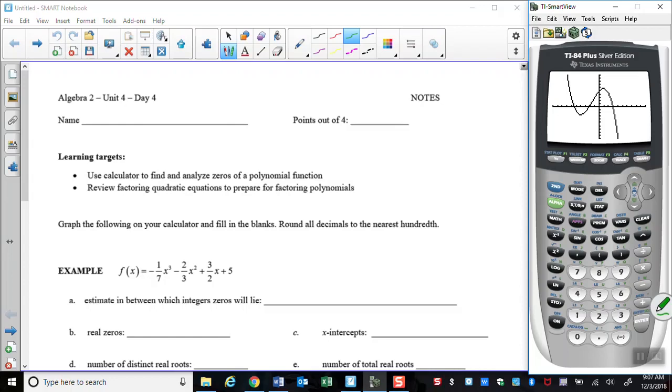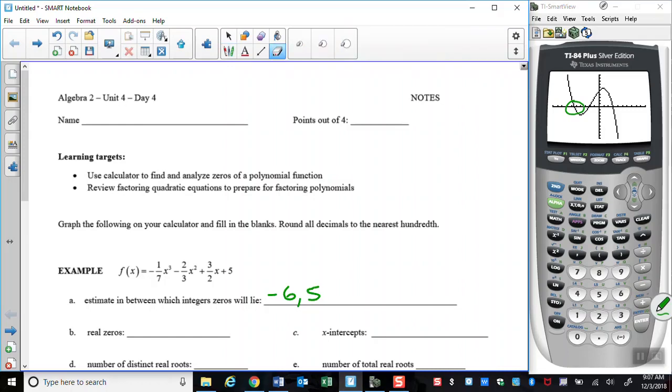All right, so this first zero to the left, negative 1, 2, 3, 4, 5, 6. So there's a zero here between negative 6 and negative 5. Let's write that a little differently, that could be confusing. So negative 6 and negative 5.